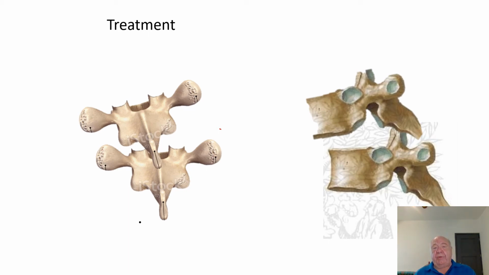You tend to use this on smaller patients or higher levels where your arm strength is what's being used. If we have a bigger patient, then we tend to use a drop technique. In this case, we fix the top vertebra and basically drop the bottom vertebra and let gravity do the work for us. A little bit more athletic, a little bit more agility required for that, but we can use this on bigger people at lower levels of the spine.